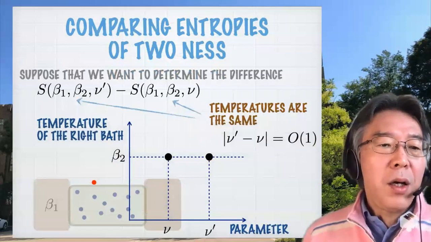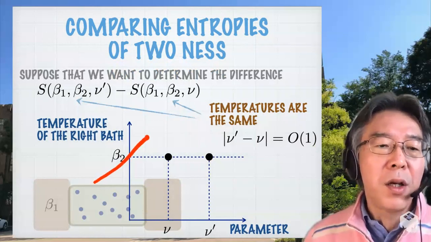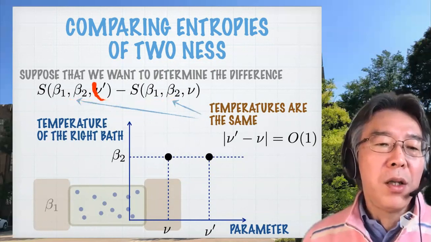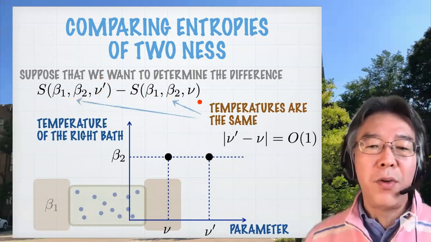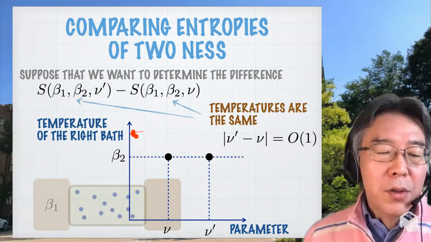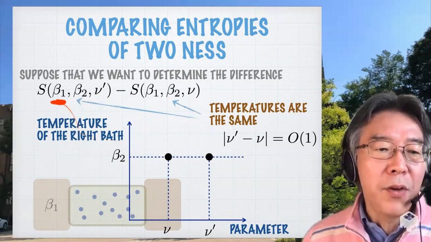Okay, next, let's think about comparing entropies of two NESS. So now I fix beta 1 and beta 2. Okay, and they are different. And now I think about changing this nu, like the volume or external field. Here I have fixed the temperature of the left bath to beta 1, and here only I did depict temperature of the right bath.